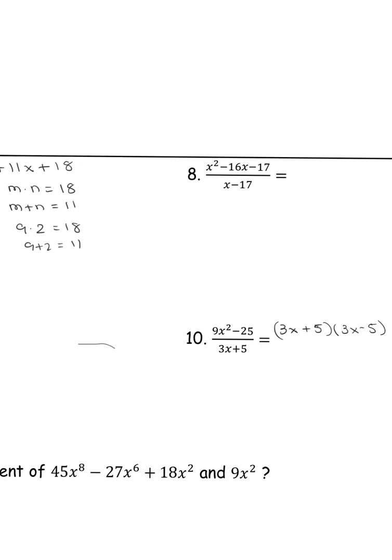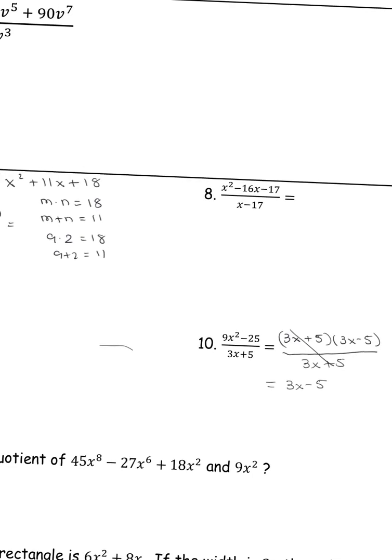So remember, when we are factoring our difference of squares, we take the square root of the first term, and that becomes the first term in each of our binomials. Then we take the square root of the second term, which becomes the second term in both of our binomials. And then we're dividing it by 3x plus 5. We can see that we have 3x plus 5 in both my numerator and denominator, so those cancel. So my answer becomes 3x minus 5.